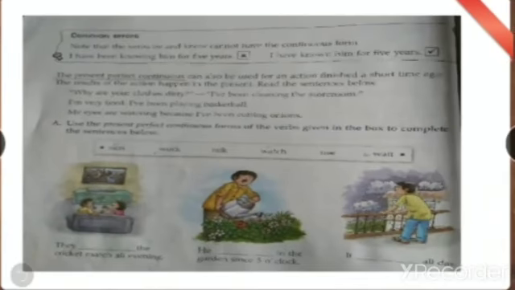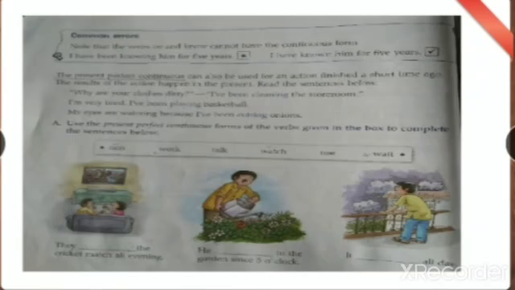Next. The present perfect continuous tense can also be used for an action finished a short time ago. The result of the action happens in present. Now, when can you use present perfect continuous tense?